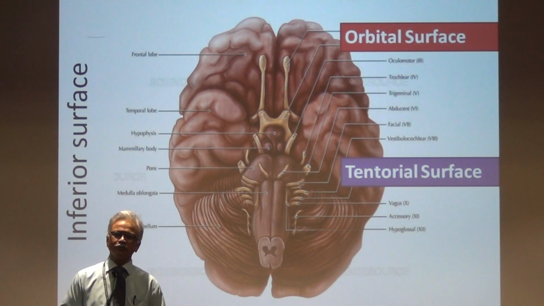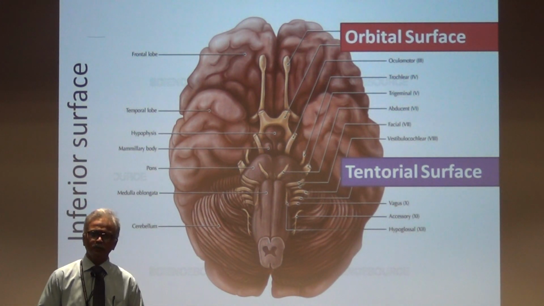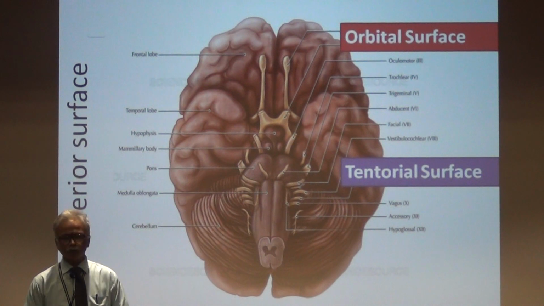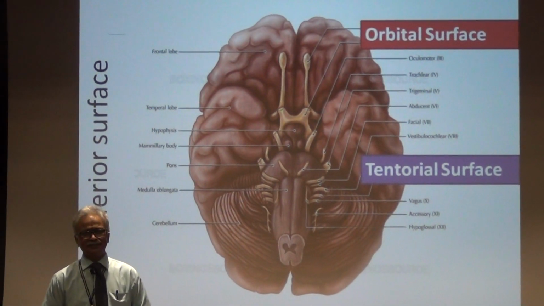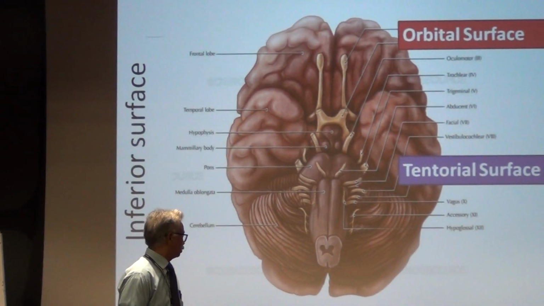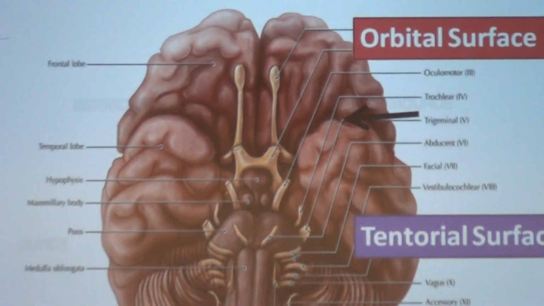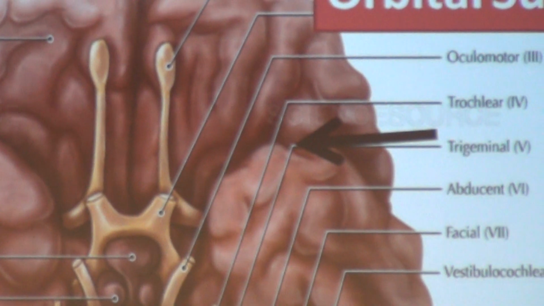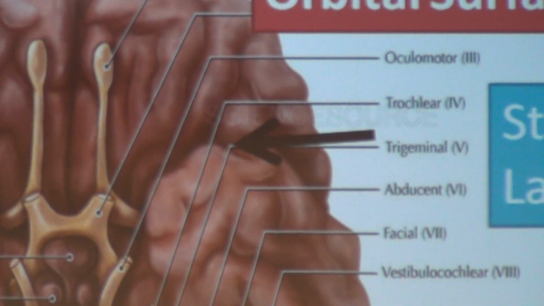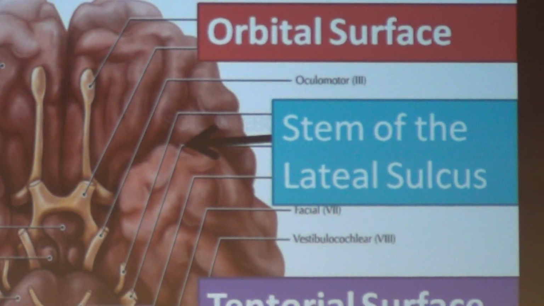Both these surfaces are separated by the stem of the lateral sulcus, as you can see, on the inferior surface.